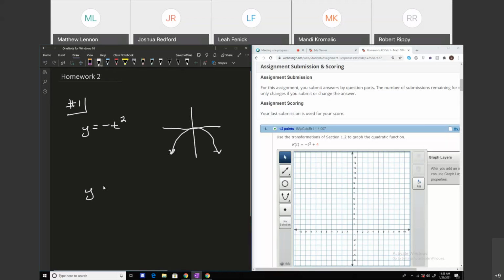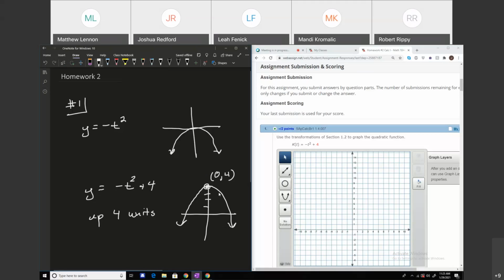So y equals minus t squared plus 4 is just up 4 units. So your vertex is going to move from the origin to up here and then go down. So this is going to be 0, 4, your vertex.